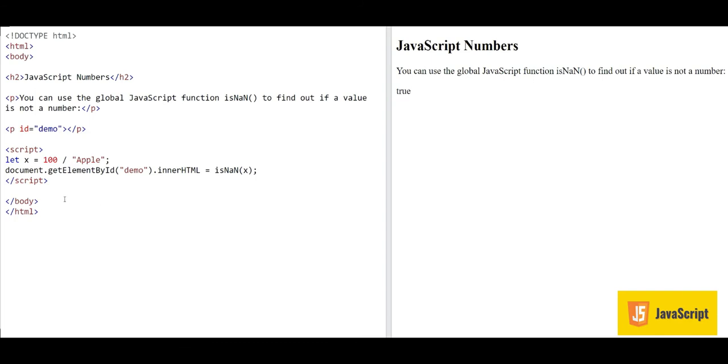So let's see, we are dividing 100 by "apple" into x, and then we are checking if x is not a number with isNaN(x), so the answer is true. It means when dividing 100 by apple, the result is not a number, and this is true.